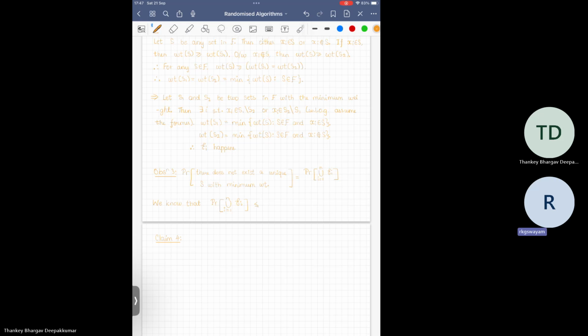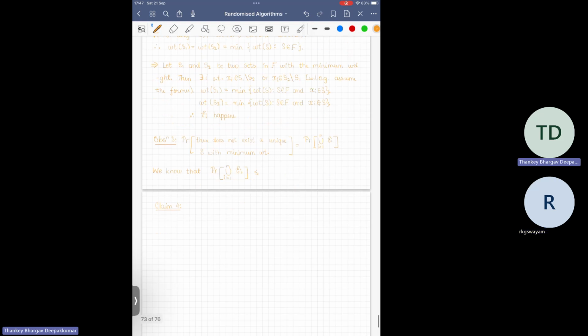I do not remember that. Do we have any existing results for this? I don't remember. So it's just the union bound, right? So this is the probability of a union of a bunch of events is at most the sum of the individual probabilities, right? Yes, right.